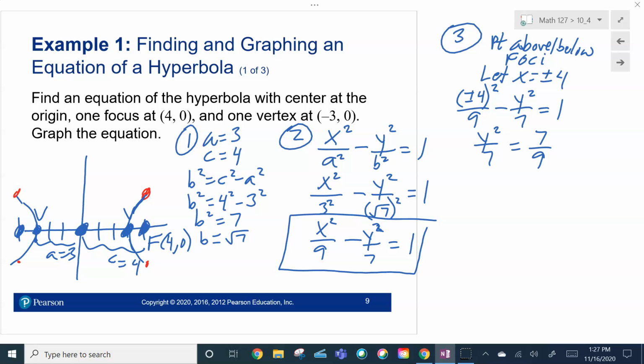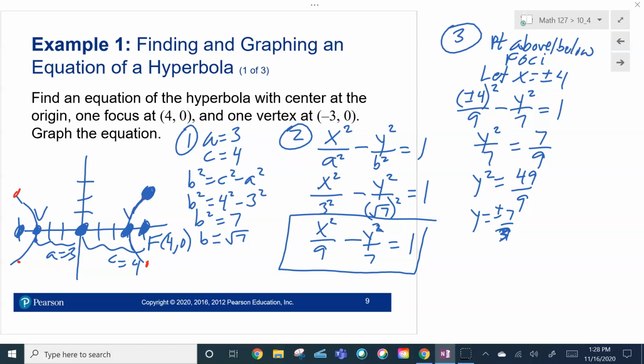All right, multiply both sides by 7, so y squared equals 49 over 9. Square root, I got plus or minus 7/3. I'm sorry, I didn't square root the 9. So I'm up 2 1/3.